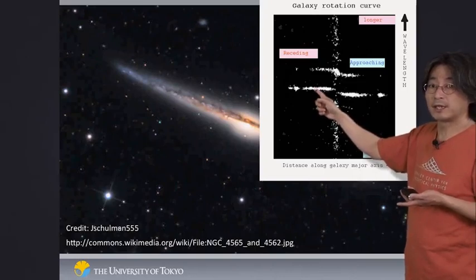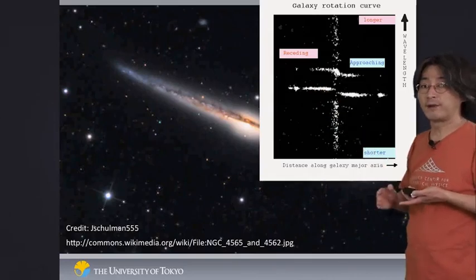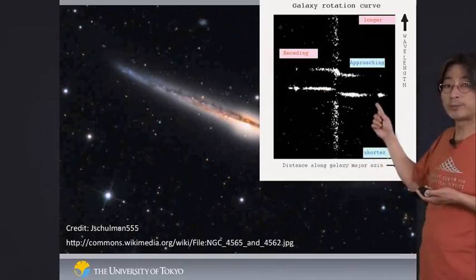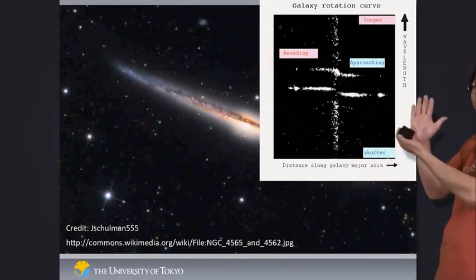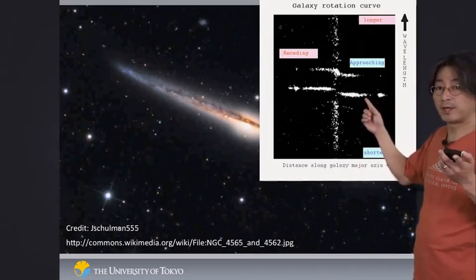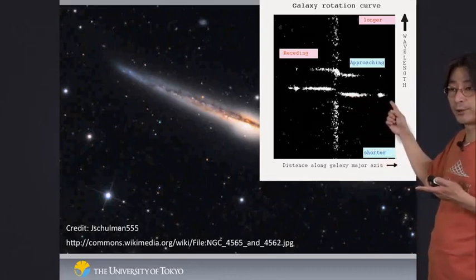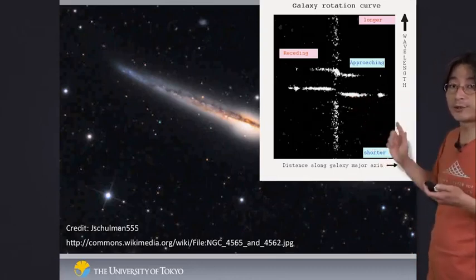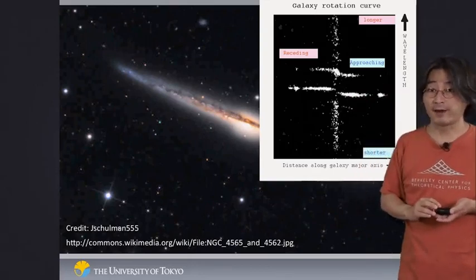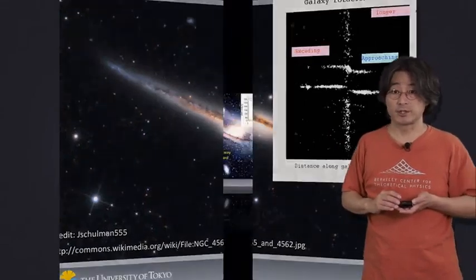That's because this part of the galaxy is being pushed away so that the wavelength looks longer, while this part of the galaxy is coming towards us, so the wavelength looks shorter. But the most important thing here is that the wavelength looks pretty much flat as you go to the outskirts of the galaxy, which means that the rotation speed, again, is pretty much flat. It doesn't seem to go down like it did in the case of the solar system.